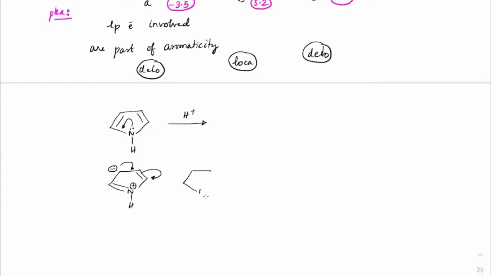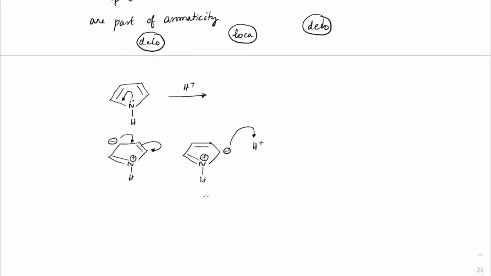So I get different types of canonicals with negative charge. The negative charge which appears on the carbon is the one which will accept the proton. It is not the nitrogen which accepts the proton, because the nitrogen's lone pair availability is hardly observed.